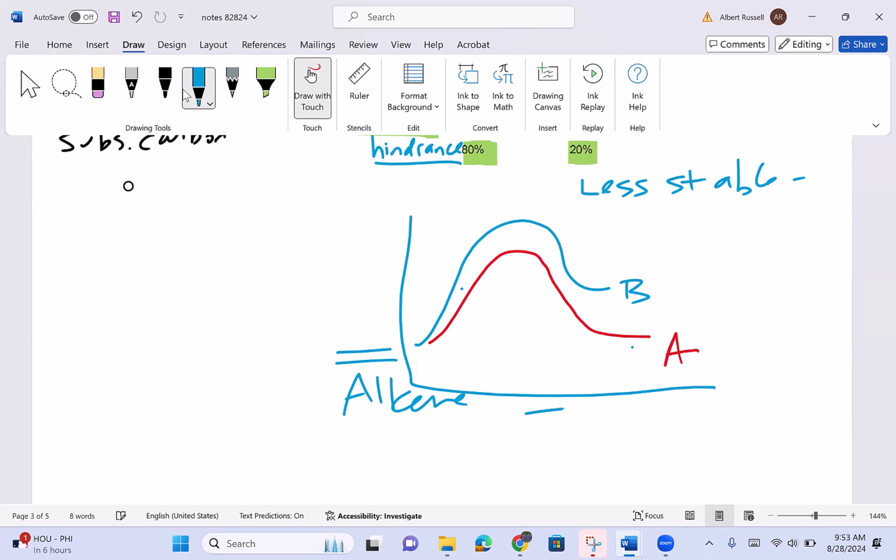What's on the x-axis? Time. Y-axis is what? Energy. Is that right? And then what is the gap between where the starting material is and the top right here? Is it activation energy? Activation.